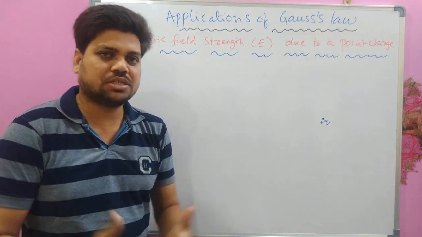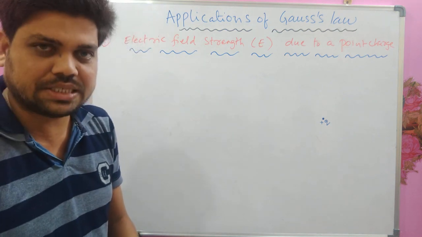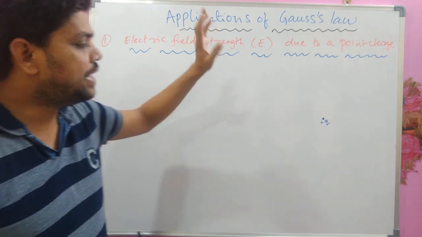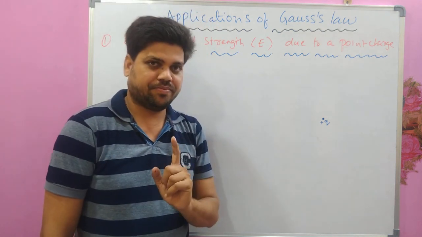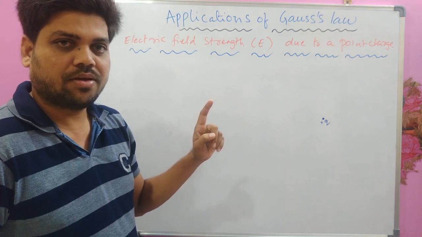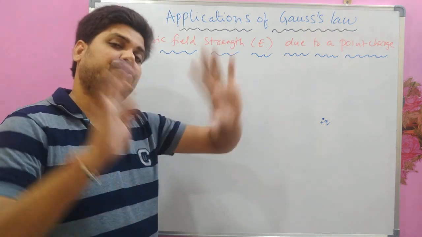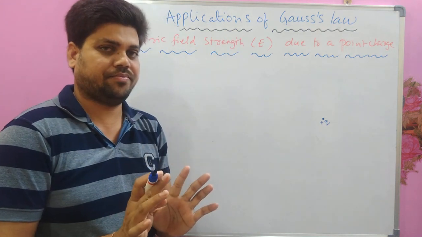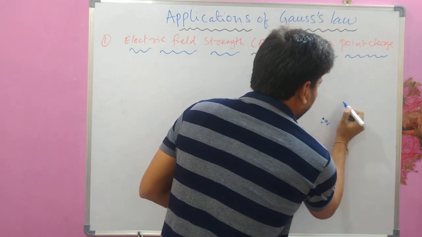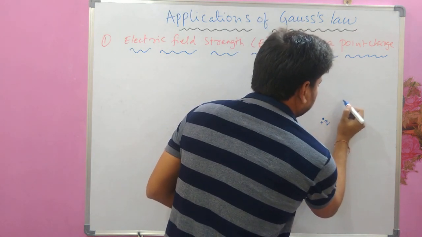So while using Gauss law, what is the first step that we have to follow? Identify a point P at a distance of small r from the charged body where you are finding electric field. Okay, so first thing I have to do is identify a point.